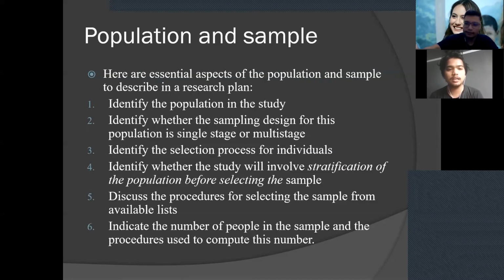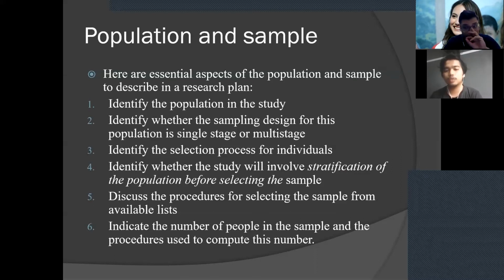Here are the essential aspects of the population and the sample to describe in this research plan. Identify the population in the study. Identify whether the sampling design for this population is single stage or multi-stage. Identify the selection process for individuals. Identify whether the study will involve stratification of the population before selecting the sample.